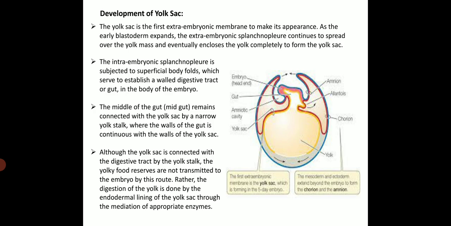Although the yolk sac is connected with the digestive tract by the yolk stalk, the yolky food reserves are not transmitted to the embryo by this route. Rather, the digestion of the yolk is done by the endodermal lining of the yolk sac through the mediation of appropriate enzymes.